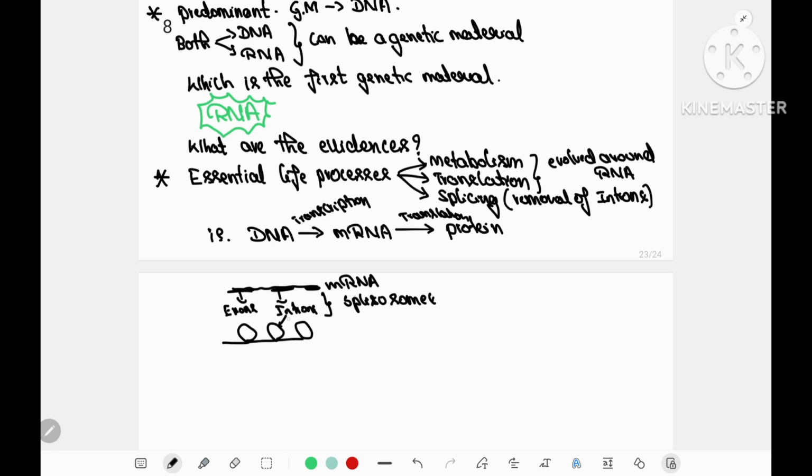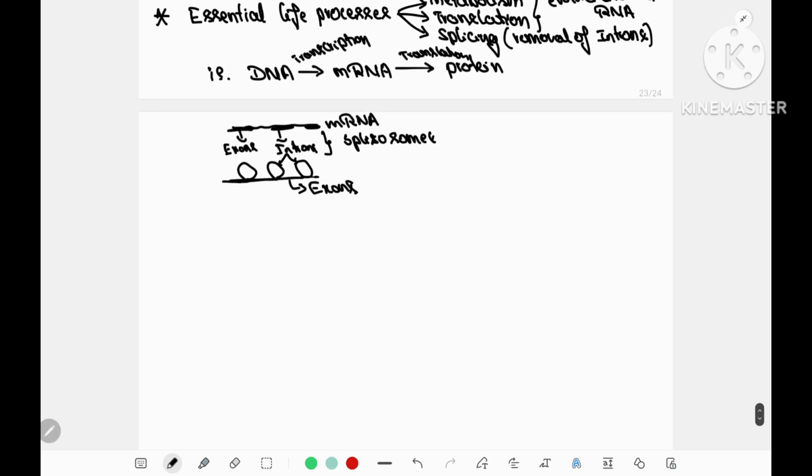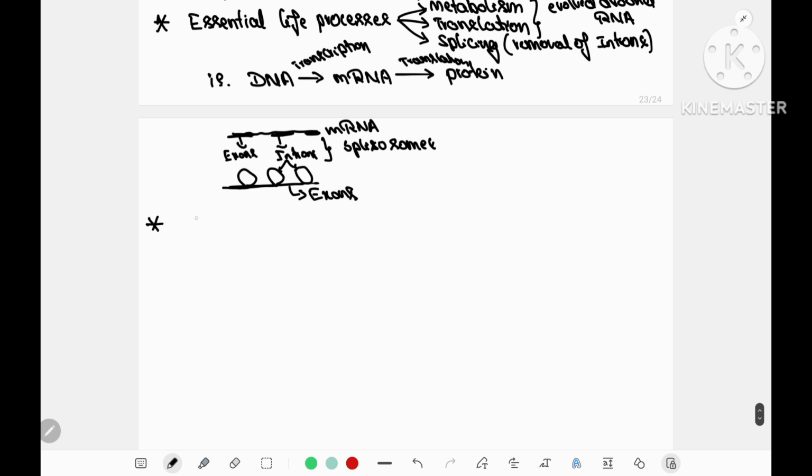Only exons are responsible for protein synthesis. Now, there are enzymes called spliceosomes which will remove the introns and join the exons, and that process is called splicing. So now the process is associated with only RNA. This is the first evidence.